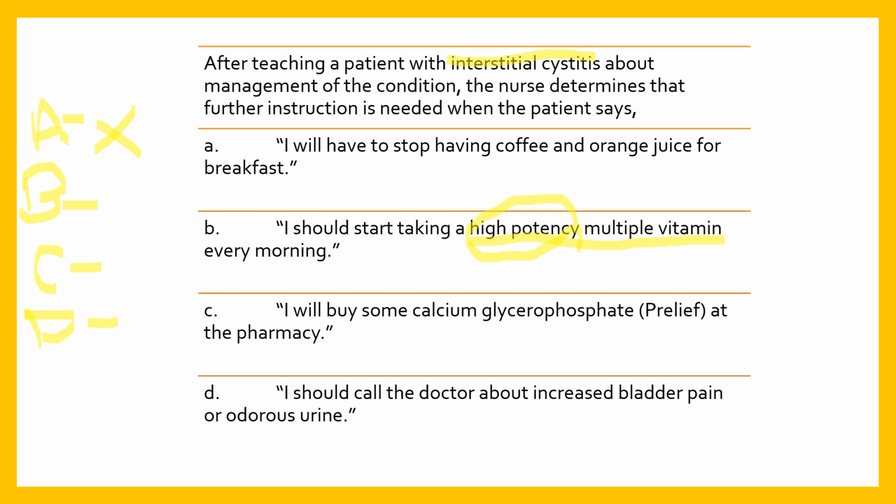So we definitely need to make sure that our patient is aware that this is not correct information. Calcium is fine, and increased bladder pain or odorous urine is definitely a sign that a patient needs to do something. So that's a correct answer. So we were looking for the incorrect answer on this one.